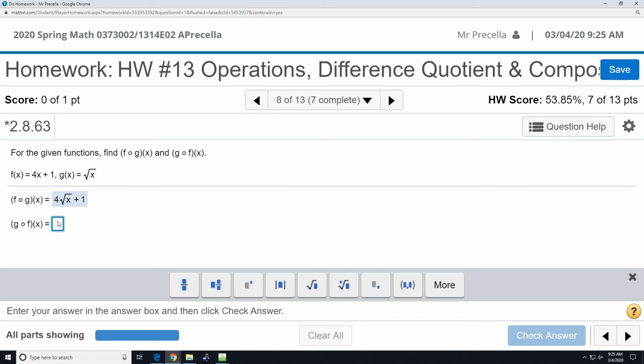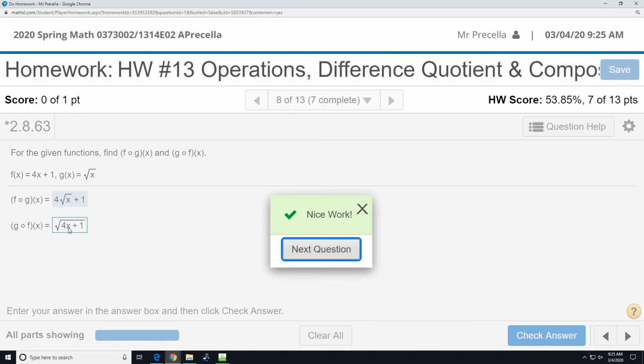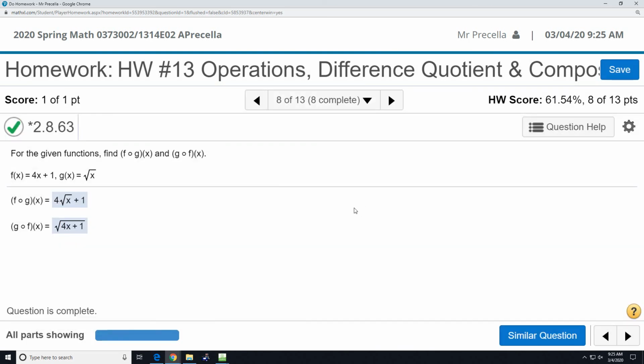So what do I have to type first? The square root, yes. And everything is under the radical here. Any questions there? There's not a lot of writing to get these answers.